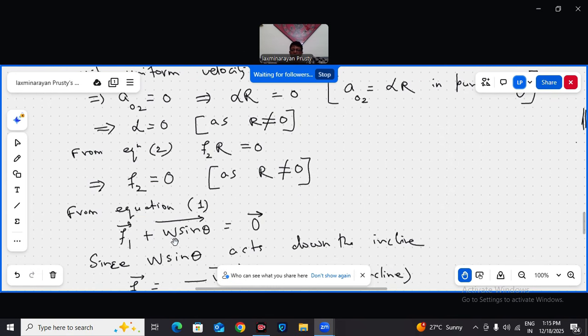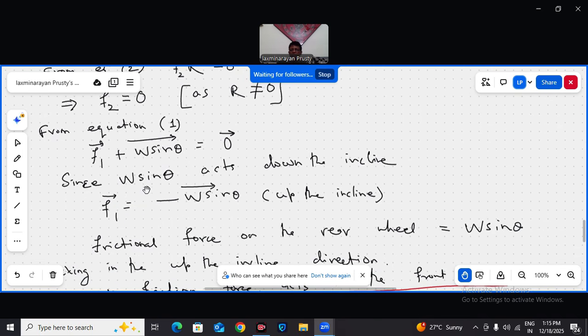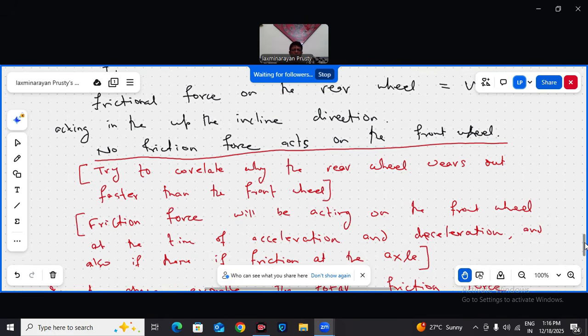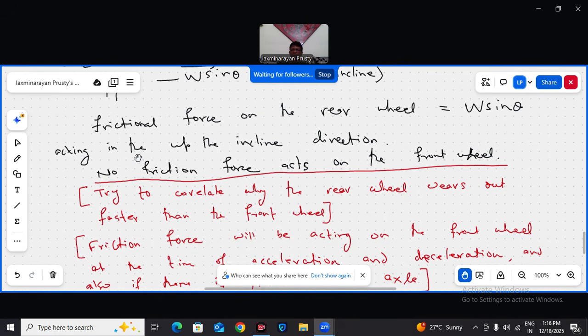Since W sin theta acts down the incline, of course, the gravity force on the bicycle plus rider will act down the incline, one component being W sin theta. But F1 plus W sin theta being 0 means F1 must be minus W sin theta, that will be up the incline. So the frictional force on the rear wheel will be W sin theta in magnitude, acting in the up-the-incline direction.